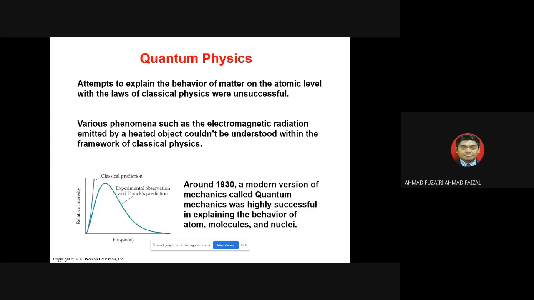What we learned in semester one, about motion and force, is all about classical physics. To explain the behavior of matter at the atomic level, attempts using classical physics theory will be unsuccessful.